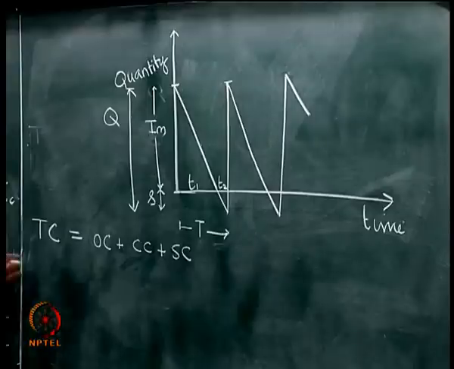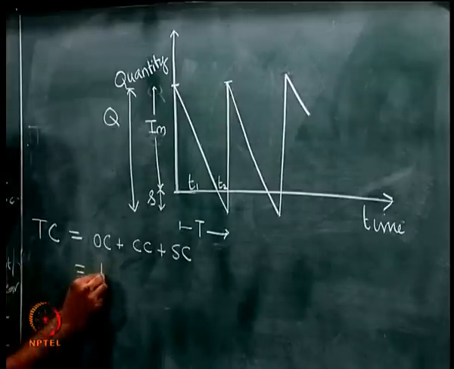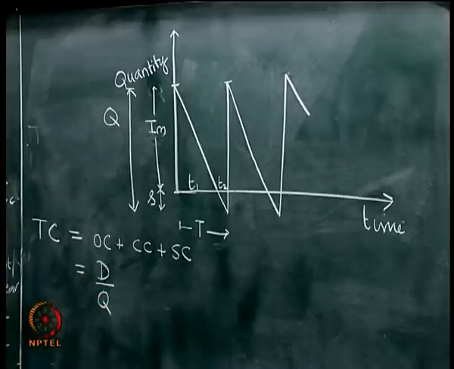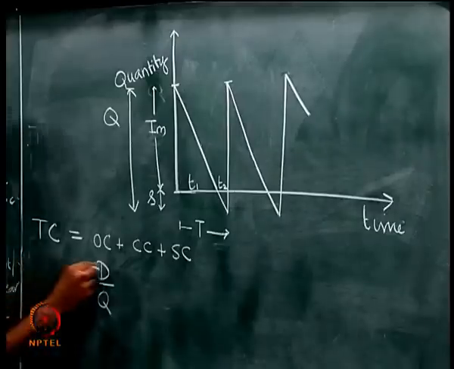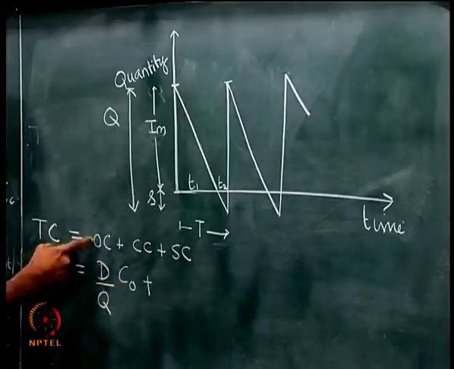If D is the annual demand and Q is the quantity that we order, the number of orders per year will be D by Q, like we did in the previous model. The cost per order is C naught. So D by Q into C naught is our total order cost per year.